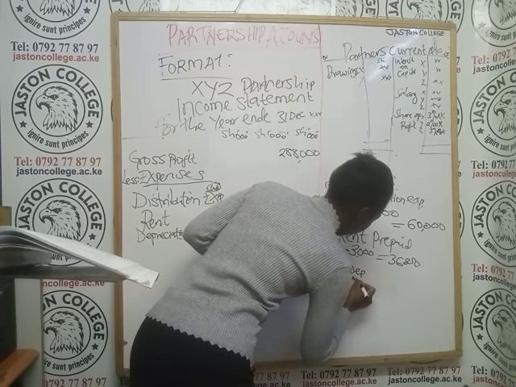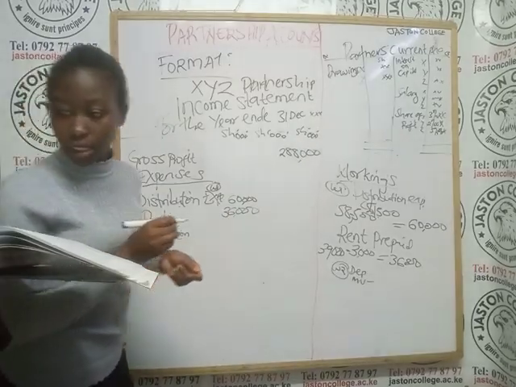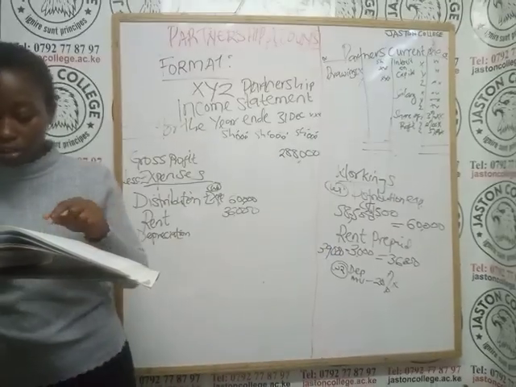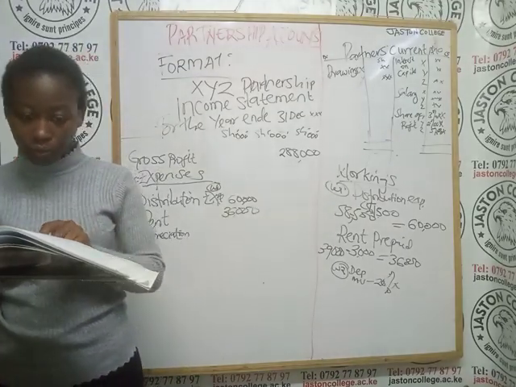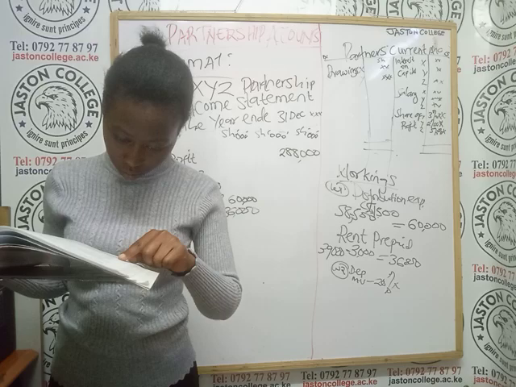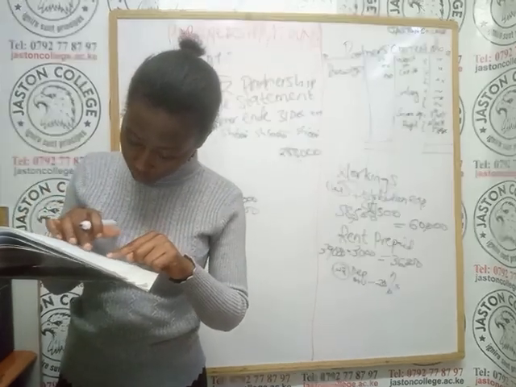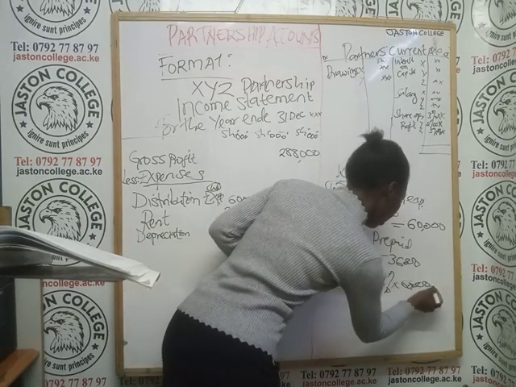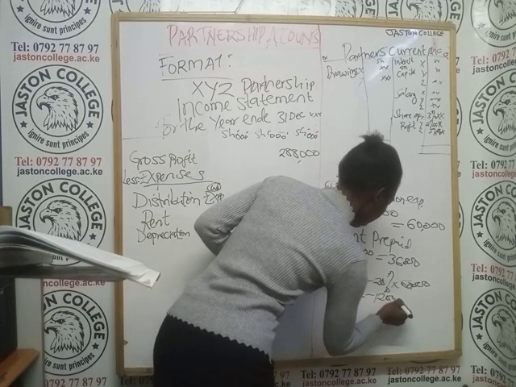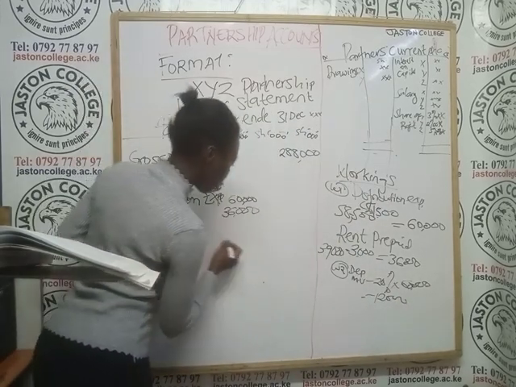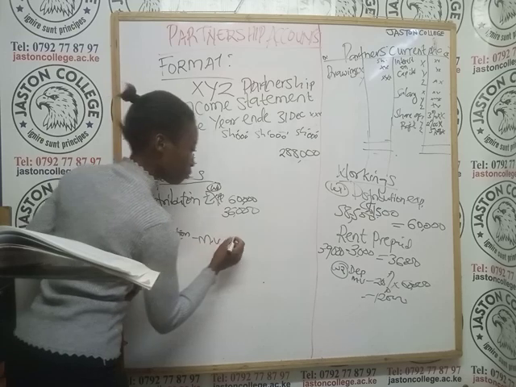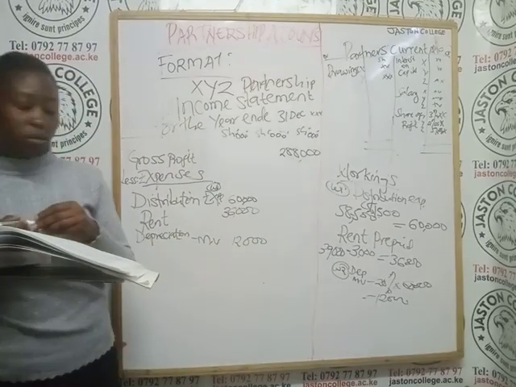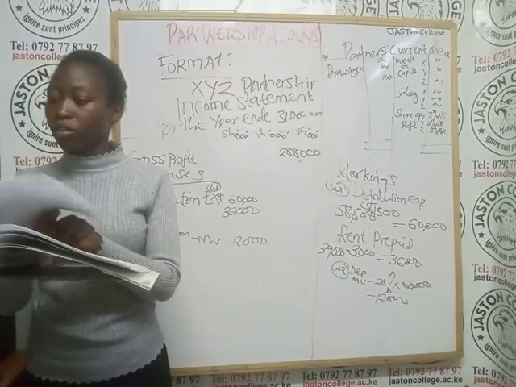Depreciation on motor vehicle is 20% straight line method, 20% of the cost, which is 60,000. So here we will get 12,000, which is our depreciation on motor vehicle.